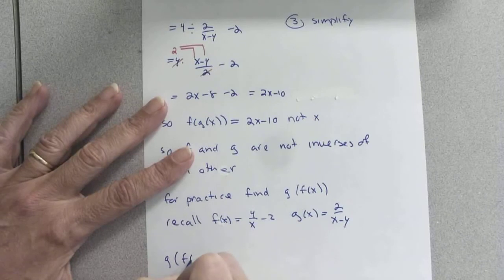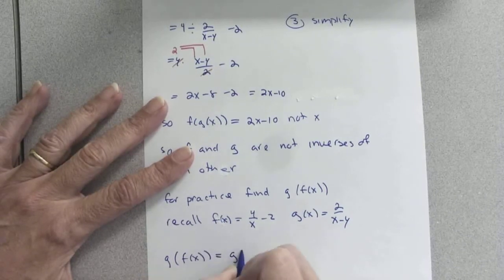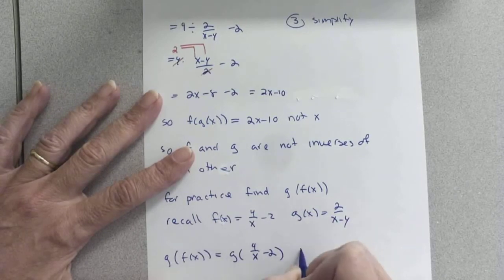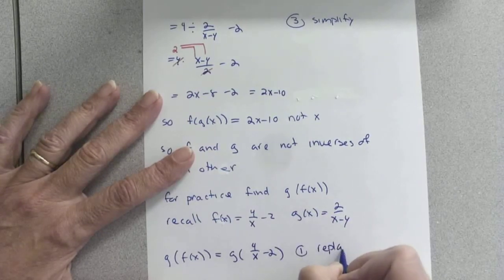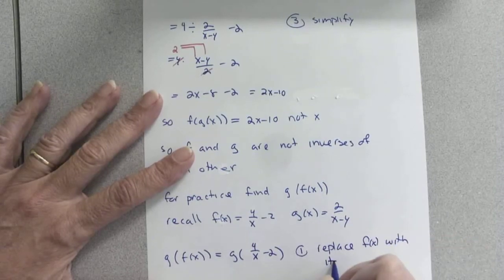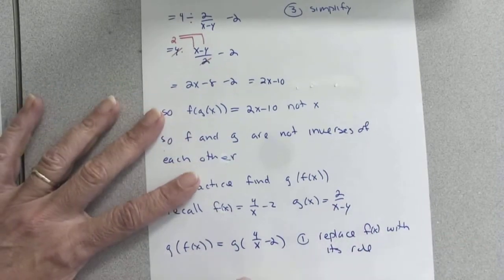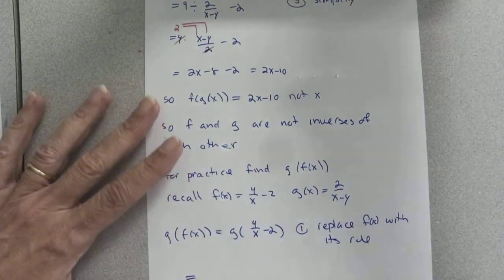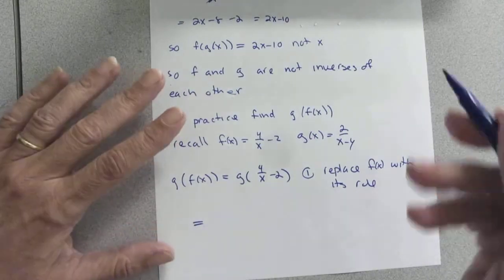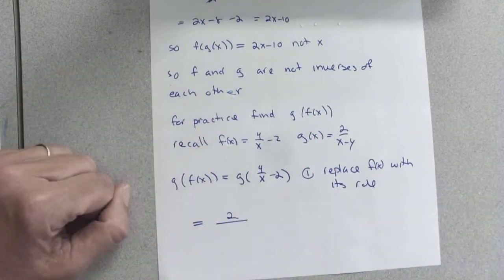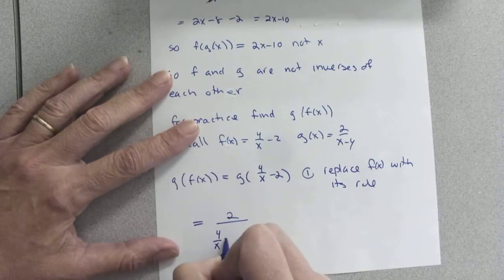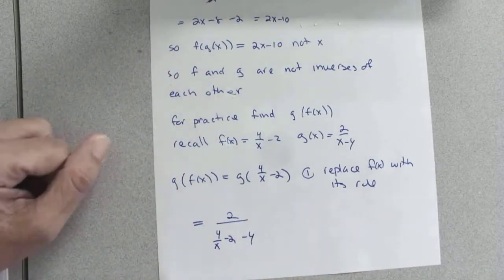So g of f of x: start on the inside, and I replace f of x with its rule. Then I use g's rule, replacing the x with whatever is in parentheses. So g's rule, 2 over 4x minus 2 minus 4.